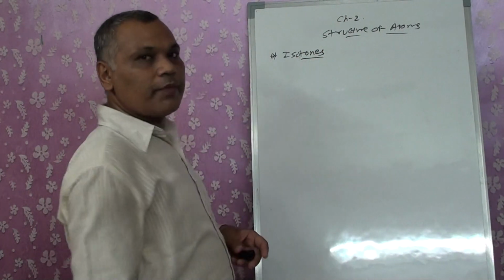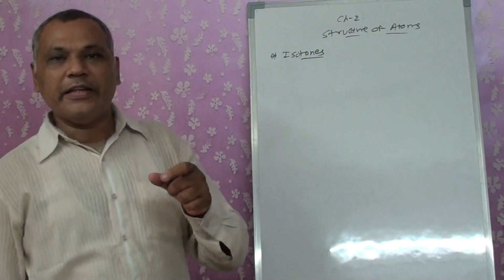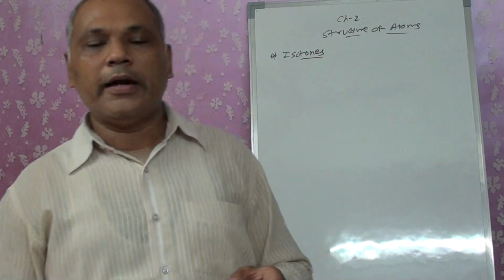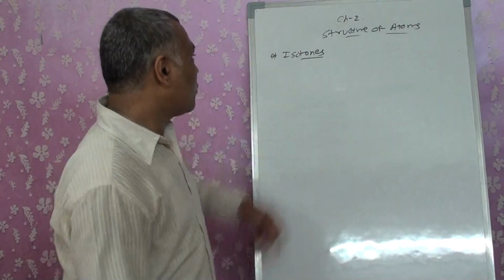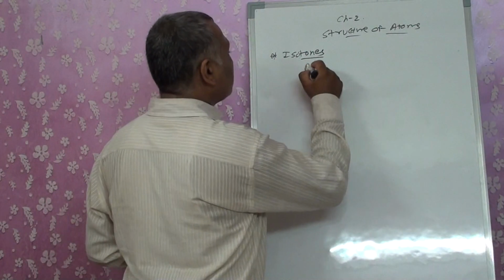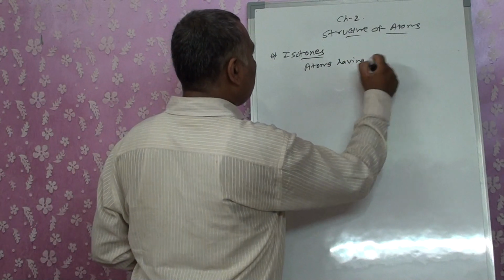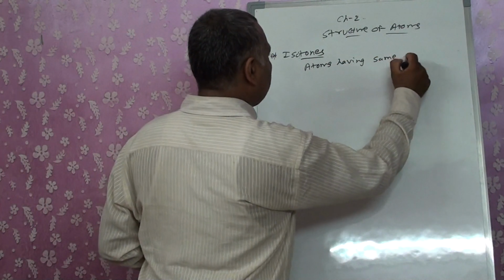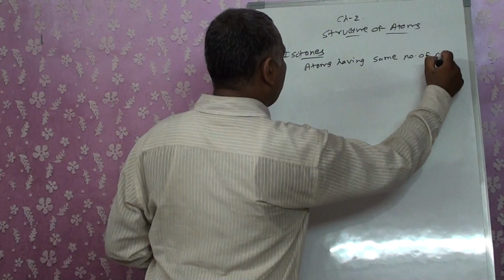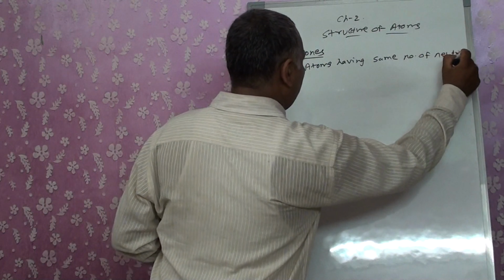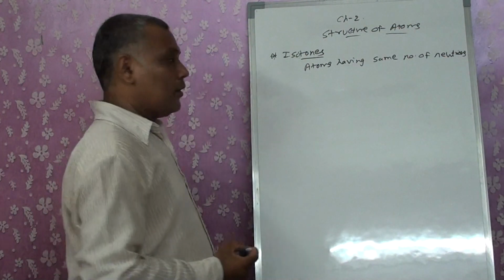Iso means constant, isotones. So here what is going to be constant? Atoms having the same number of neutrons.